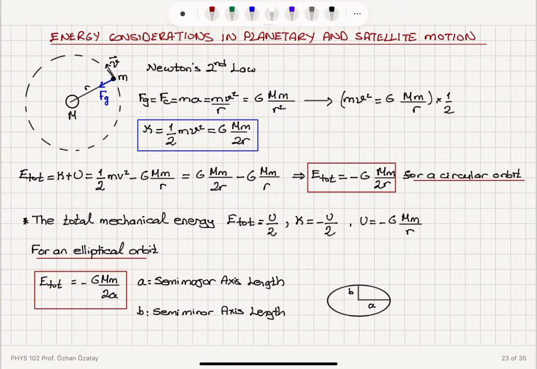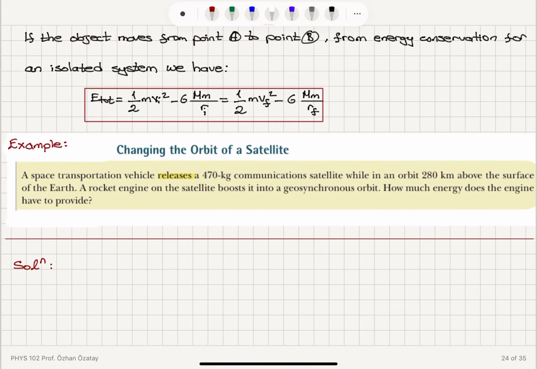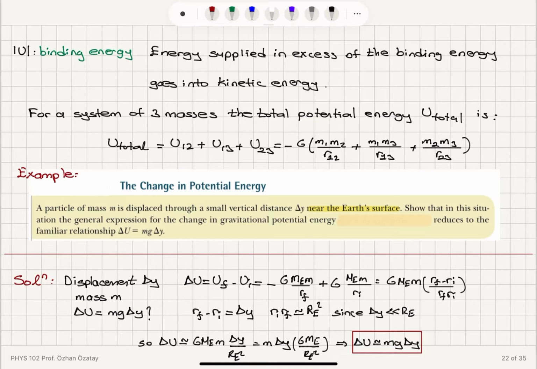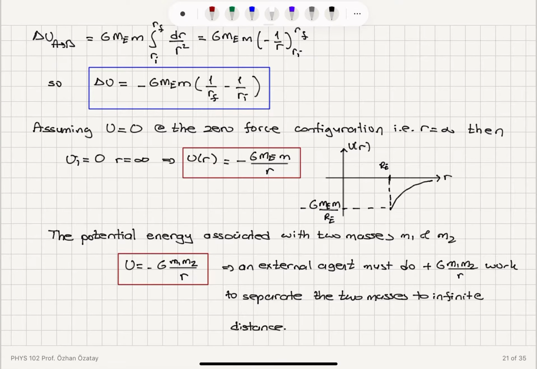Now, if an object moves from point A to point B, what would be the energy consideration for an isolated system? If it has the same velocity at the two points, or if it's at rest at the two points, we just consider the potential energy change. That's what we did in the previous lecture.